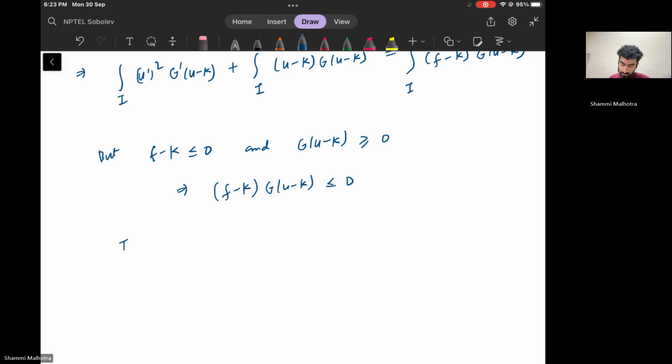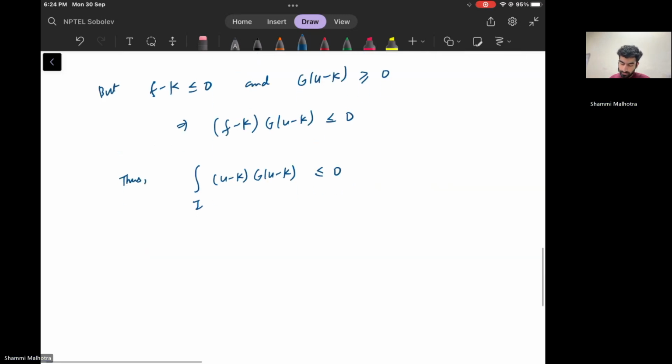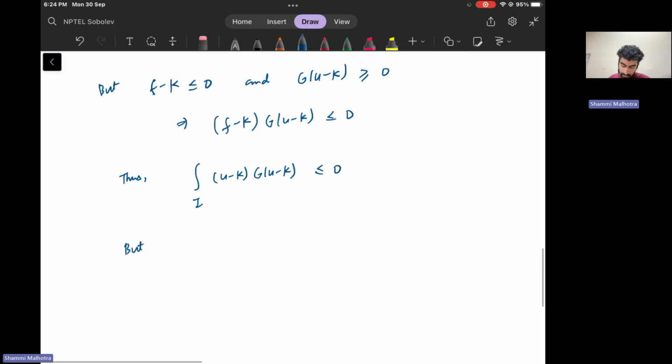So integration over I of u minus k times g of u minus k is also less than or equal to 0. But we know that t times g of t is always non-negative for all t in R. So when t is negative, g of t is 0, and when t is positive, g of t is also positive.